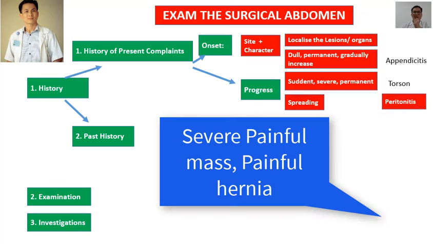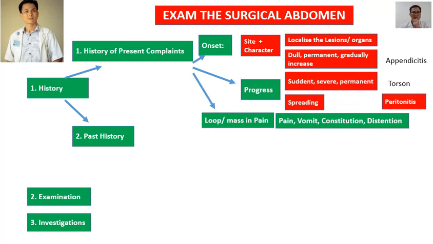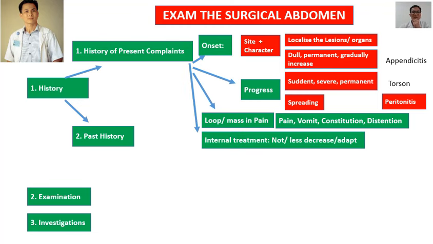Or the patient complains of severe pain with an inguinal hernia or a lump, suggesting a strangulated hernia. Of course, we must ask about other symptoms like vomiting, constipation, or distension. Or abdominal pain accompanied by bloody diarrhea, abdominal pain followed by a drop in blood pressure, or fever after abdominal pain.